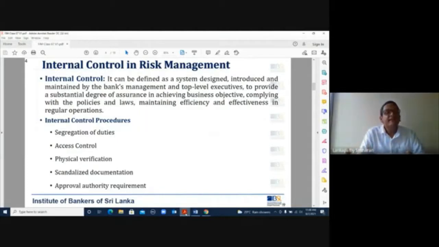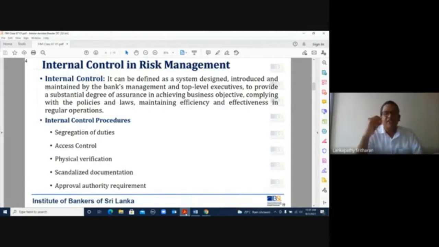Only certain people can, maybe the manager, second officer, or somebody. The same access control can be observed in an IT server room. We can observe that access control is there. That is also one of the internal control procedures.